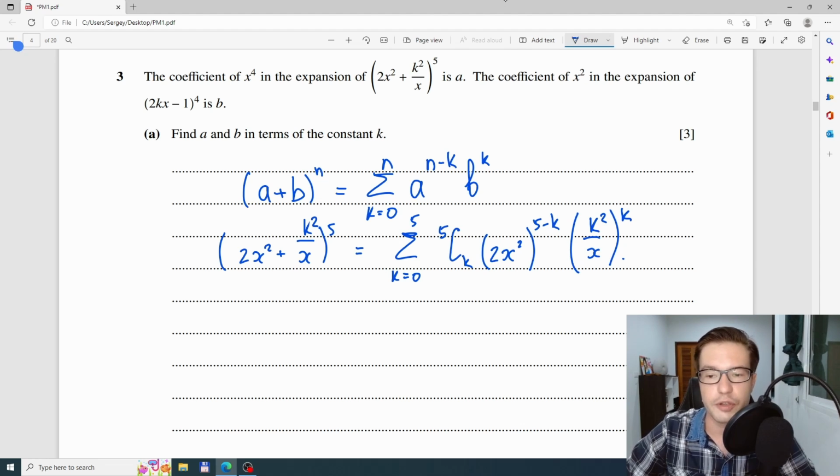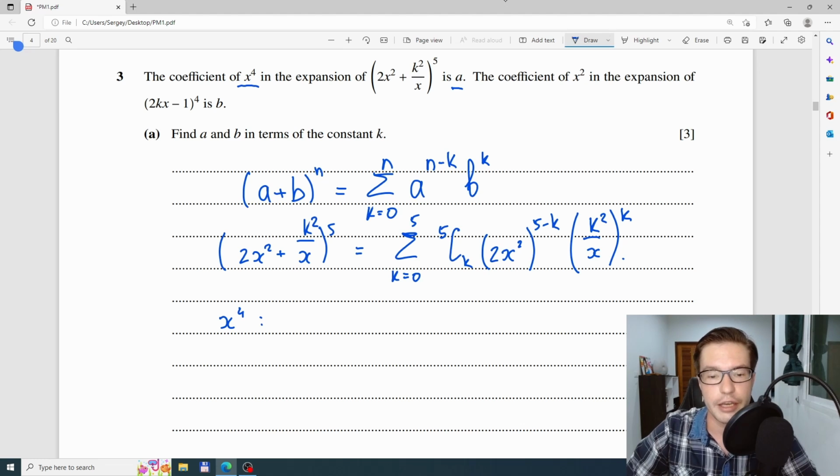Now, this is going to be a relatively long sum, but we don't need all the terms. So what we're looking for is the coefficient of x to the power of 4, which is a. So we're really interested in the coefficient of x to the power of 4. Now the question is, what term will give us the coefficient of x to the power of 4?